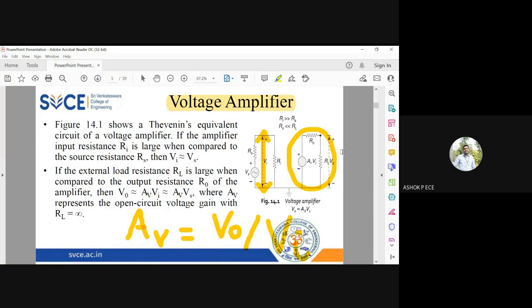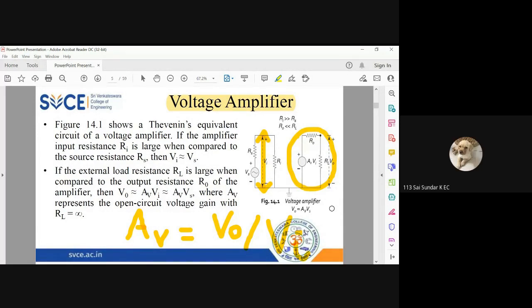The input side voltage source will be the source voltage along with the series resistance and the input impedance of your amplifier. On the output side, you will have the output impedance along with the load resistance. To find the voltage source there, cross multiply: V0 equal to AV into Vi is going to be the voltage source. And across RL, I am going to measure the output voltage. Is it clear now?